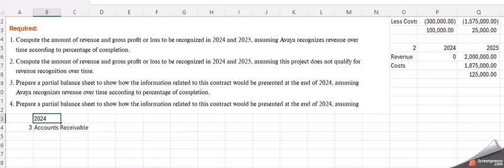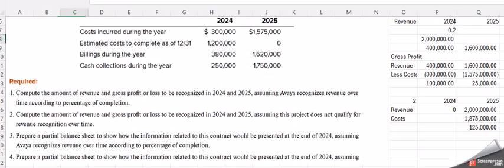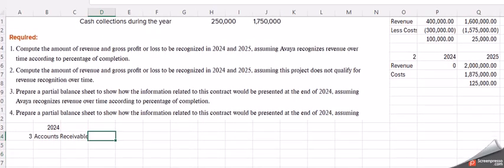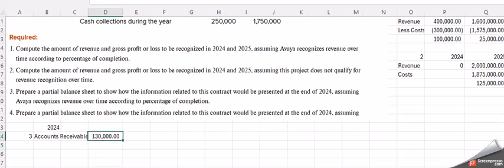So this is 2024. If we go back up to the table, we billed them 380,000, and they paid us 250,000. So that would leave 130,000 that they owe us at the end of 2024.